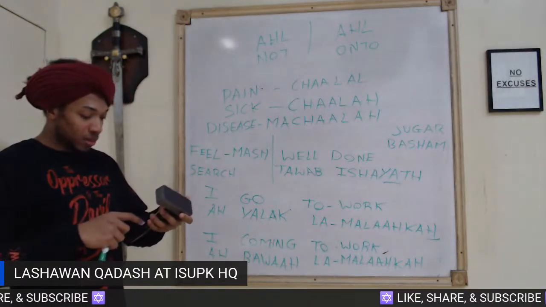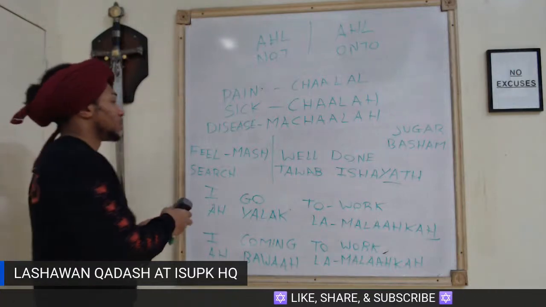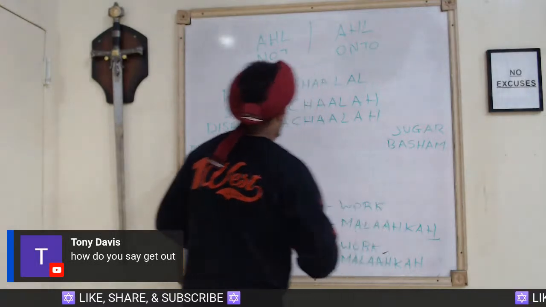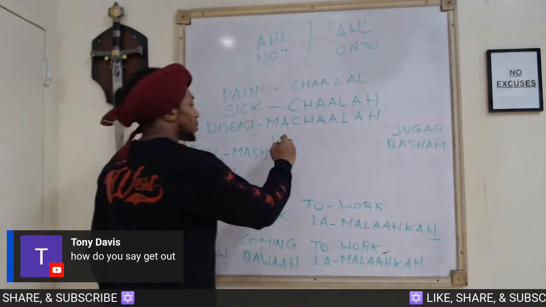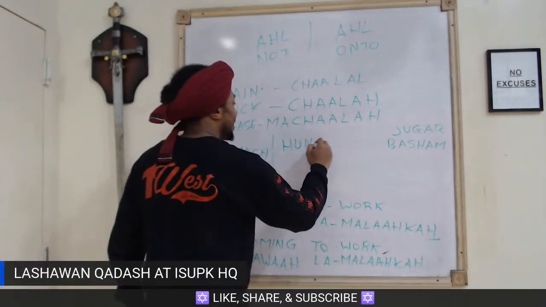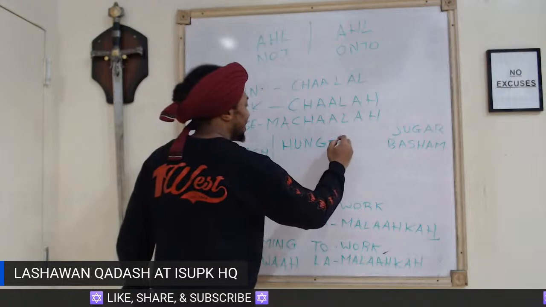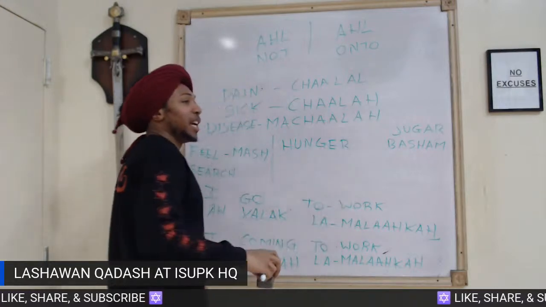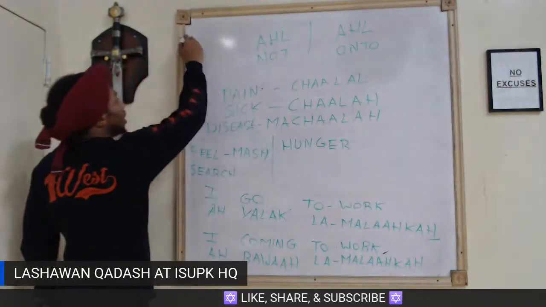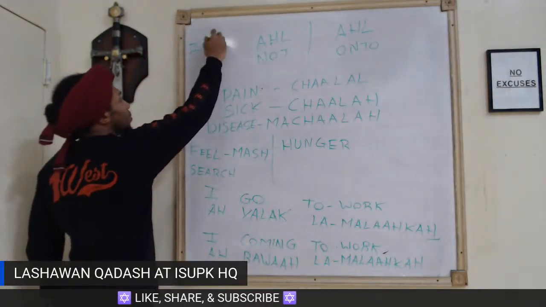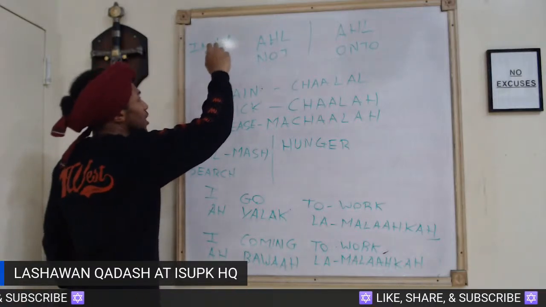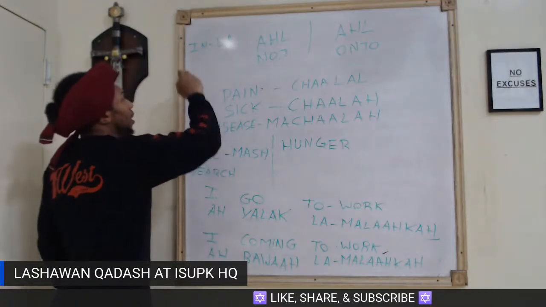And one question just popped up. It says, how do you say get out? You could just say the word for out, right? So let's put in and out, right? In, what's in again? Ba. Okay, in is ba, right? And what's out?